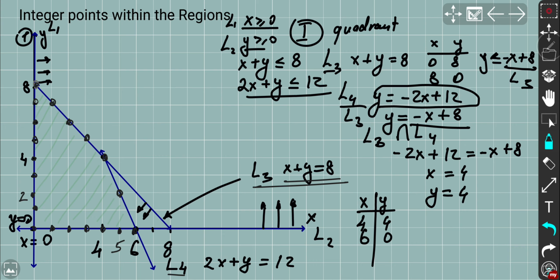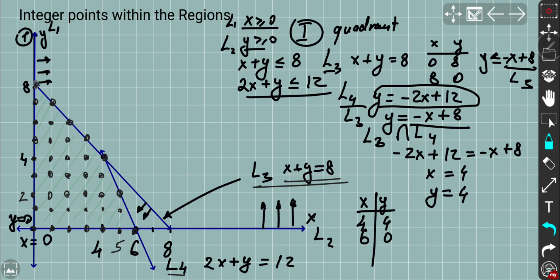Okay, so we marked all the points along the boundaries, and now we also need to fill in the internal region with integer points as well. So they are here. That's the whole set. Actually they need to be filled in. However, there is a problem with the software.